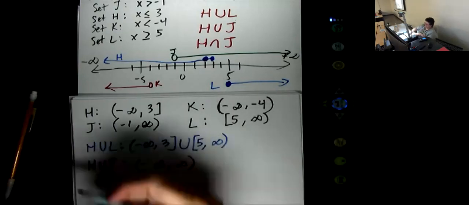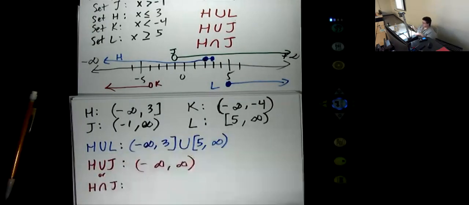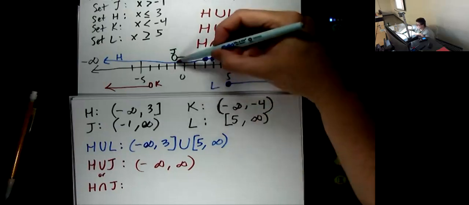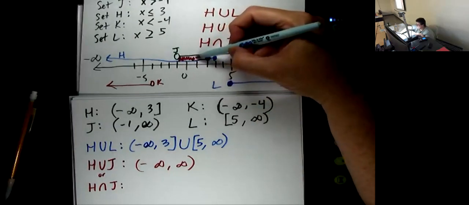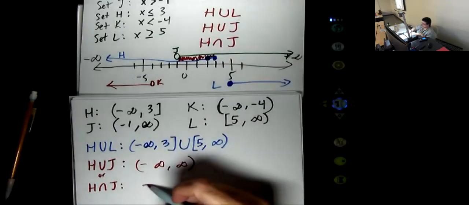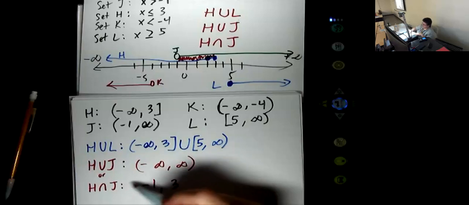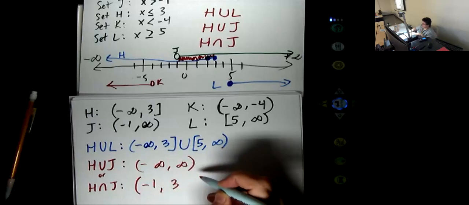And then H intersect J. H intersecting J is only right here. It starts at -1 and it goes up to 3. The J has a hollow point, so it gets a parentheses on the -1.